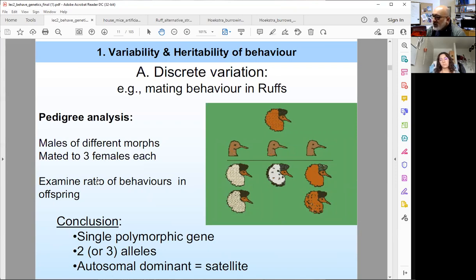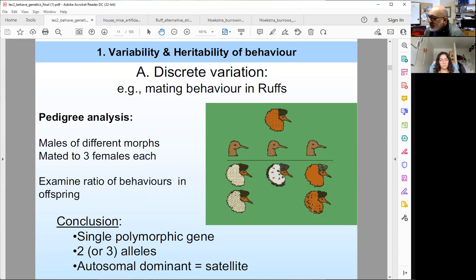And it's pretty clear that there's a single polymorphic gene with 2 or 3 alleles that control what developmental path these males will take, in terms of whether they will become an independent male, a female mimic, or one of these satellite males.